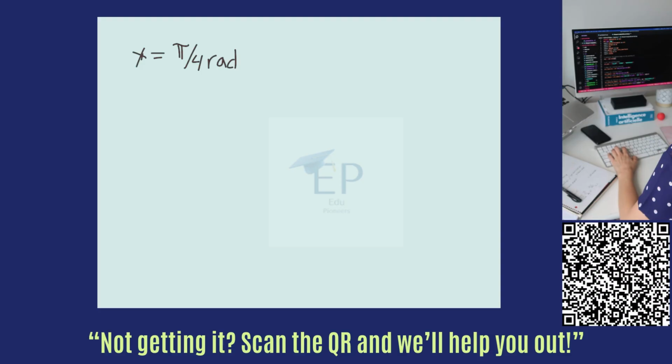So, acceleration, we have the equation acceleration equals negative 2 pi over our period squared times our angular amplitude cosine of 2 pi times t divided by our period.